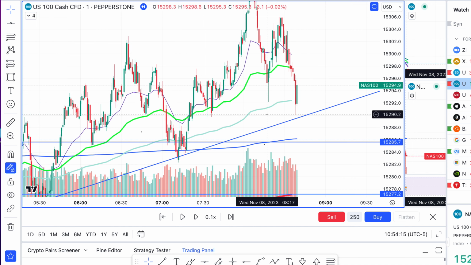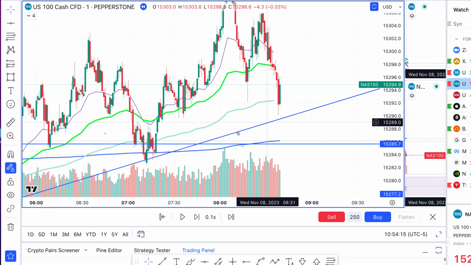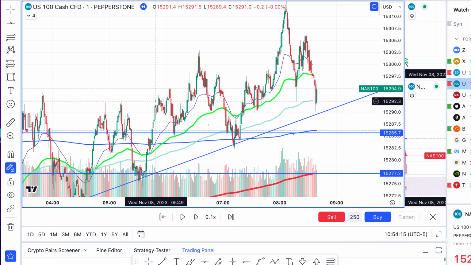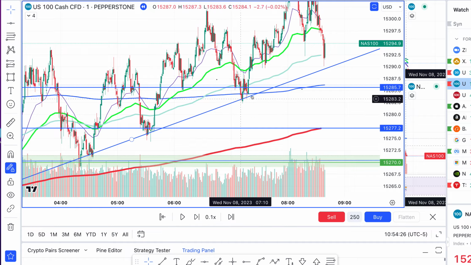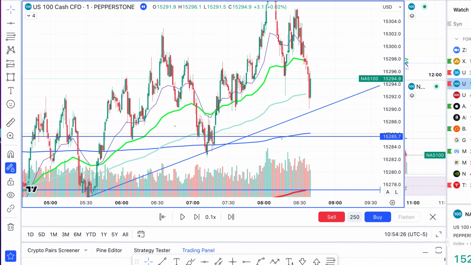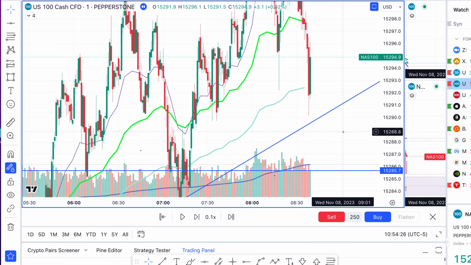I ask, where are the recent areas where price launched that could be similar to this trend line here? Because price keeps bouncing off this trend line over and over again, right? But I need something besides just a trend line. I need an EMA, or I need a level where I've got support.